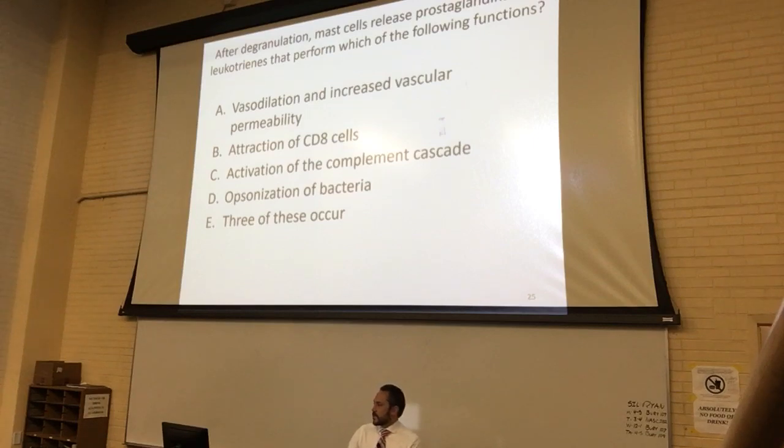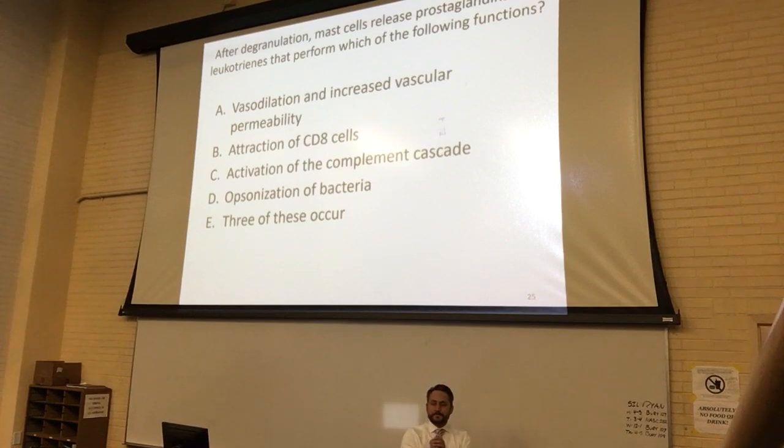So activation of the complement cascade, how does that happen? That's not prostaglandins and leukotrienes. You could consider it to be plasmin. I would say earlier on up would be factor 12, which is Hageman factor.